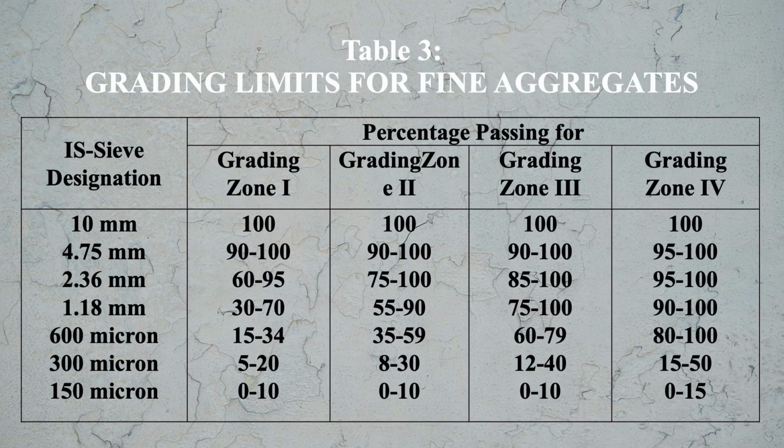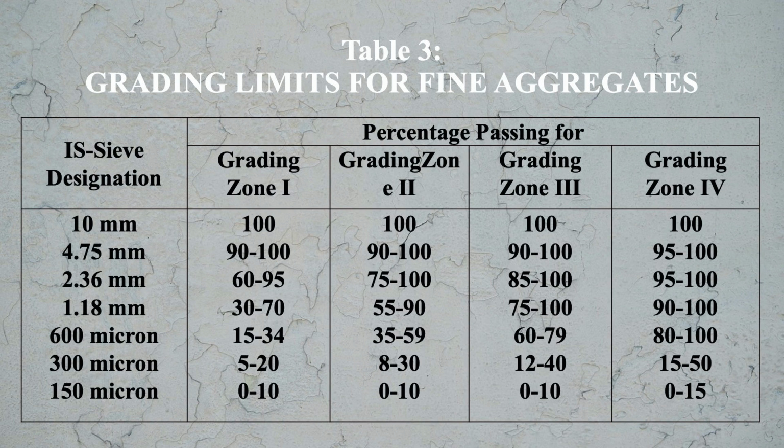Table 3 here gives the grading limits for fine aggregates for different zones. Here you see the IS sieve designation as 10 mm. For grading zone 1, the percentage passing will be 100%. For grading zone 2, again 100%. For grading zone 3, again 100%. For grading zone 4, 100%.